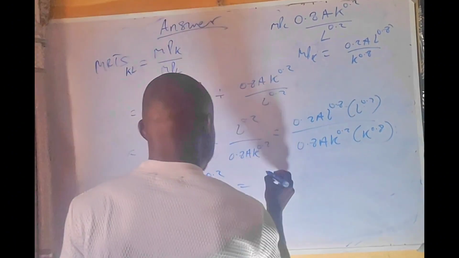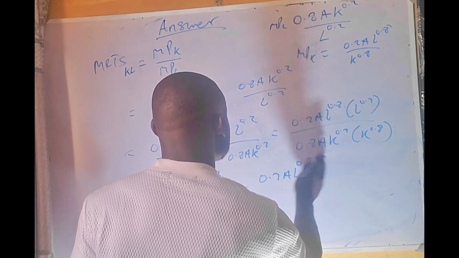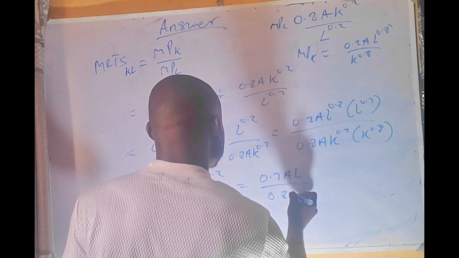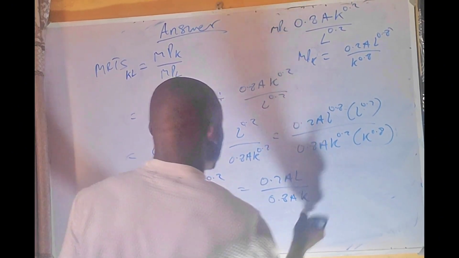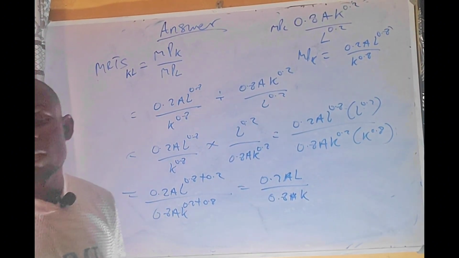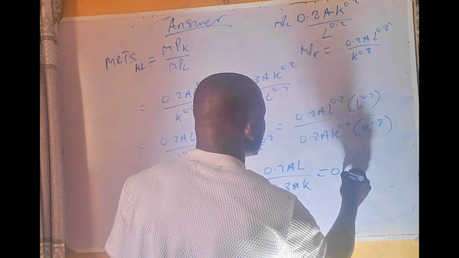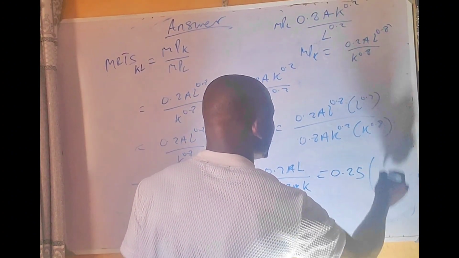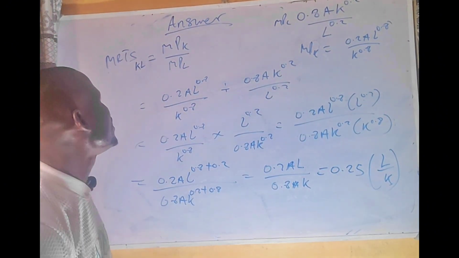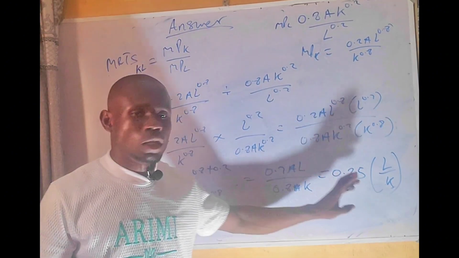So this will now be 0.2 A L^1 over 0.8 A K. We cancel A. So what is 0.2 divided by 0.8? It is 0.25 into labor all over capital. So this is your marginal rate of technical substitution of capital for labor.